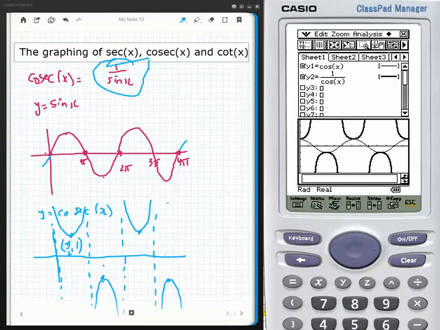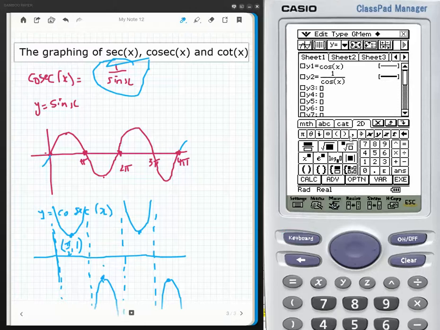Would the calculator give the same answer? I untick these and I make this equal to the sine of x. And I make this one equal to 1 divided by the sine of x.